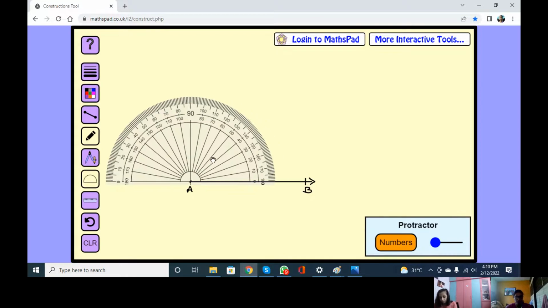Keep your protractor so that the central point lies on A and 0 coincides with your ray. Now we are going to construct 143 degrees. So from 0 to 143: 130, 140, 143. So 140 is a big line. 1, 2, 3.